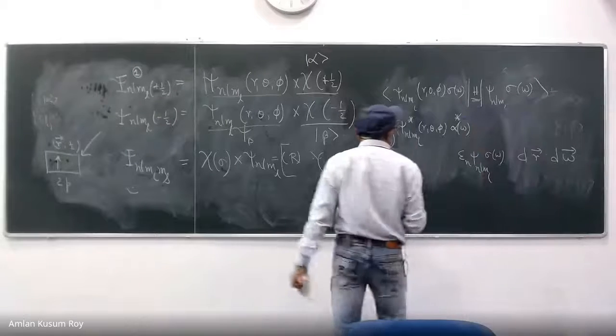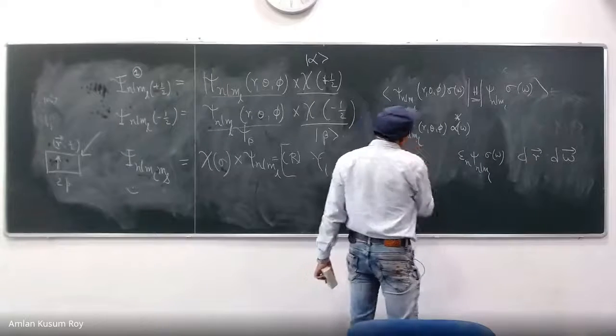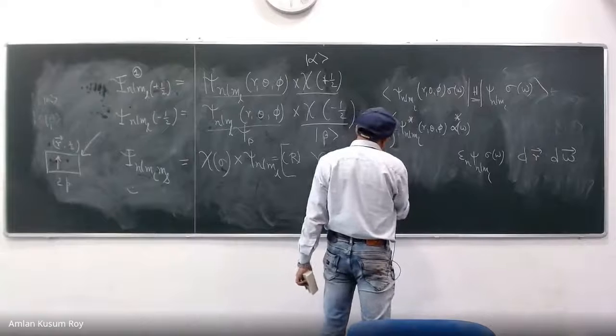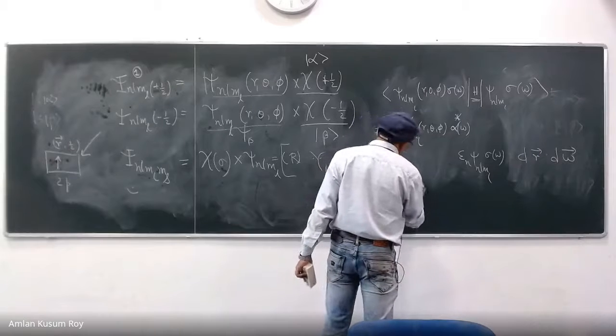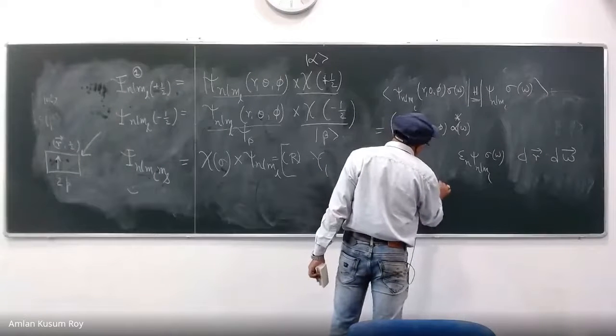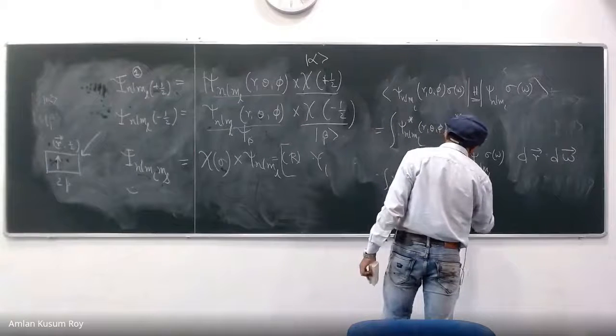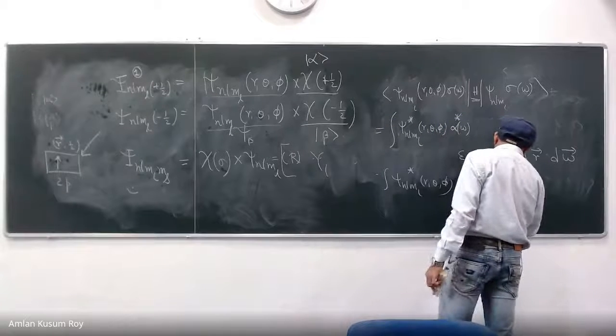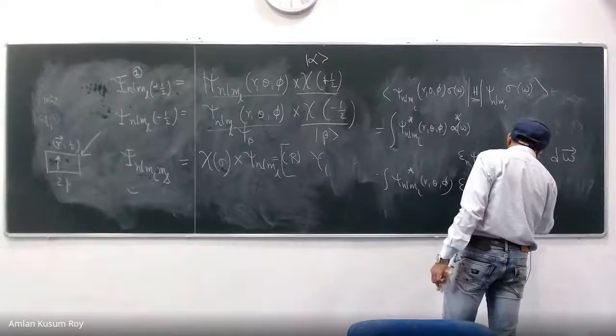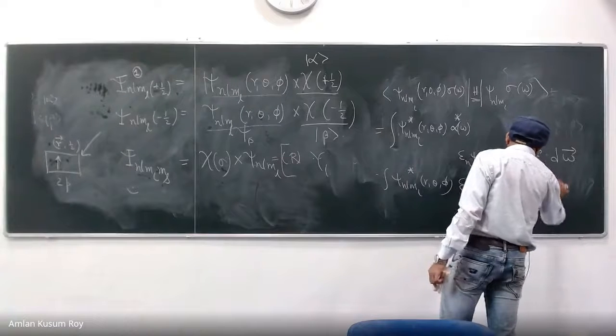I can write the space coordinates separately: psi n l ml r theta phi star, En, psi n l ml r theta phi, they are independent, so d tau.